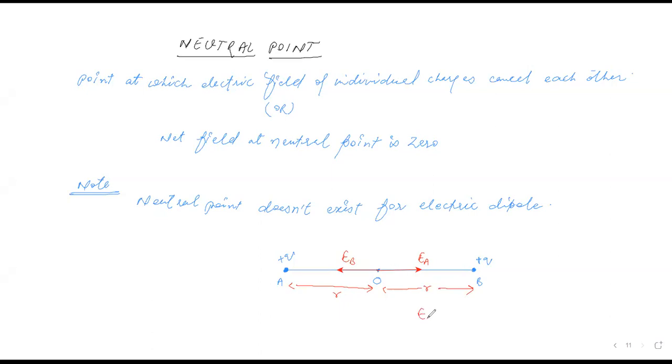Then we can say E_A is equal to E_B, or E_A minus E_B is 0. I mean, the field at this position O is 0. So this position is said to be the neutral point.